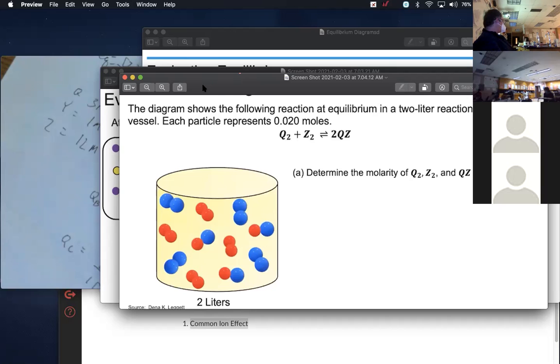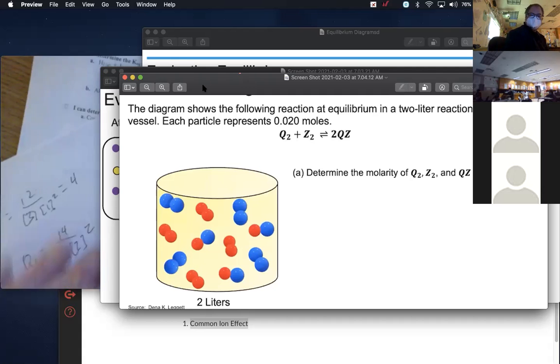They made it 2 liters, which means we don't just have 1 liter, so we take the 0.02 and divide by 2 in order to get the actual molarity. They say determine the molarity of Q2, Z2, and QZ. If they're asking you for that, there must be some little trick to this.